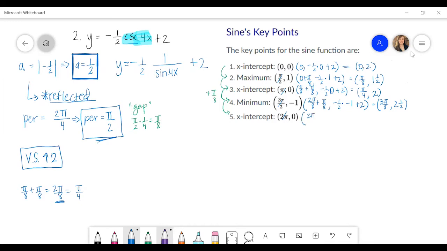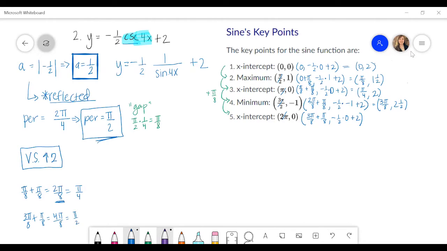Last but not least, 3 pi over 8 plus another pi over 8, negative 1/2 times 0 plus 2. So that gives you 3 pi over 8 plus another pi over 8 is 4 pi over 8, which is actually pi over 2.